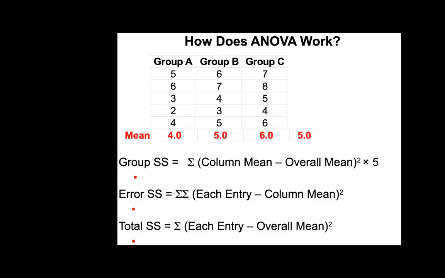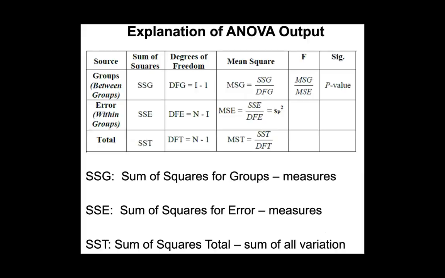Here's an example. We have the group sum of squares, the error sum of squares, and the total sum of squares. Here's another example. Some key terminologies: SSG is the sum of squares for groups, SSE is the sum of squares for error, and SST is the sum of squares total, the sum of all the variation.